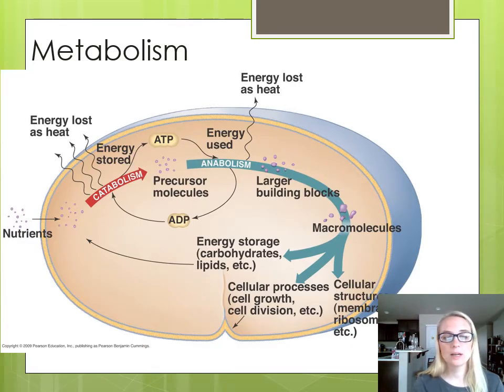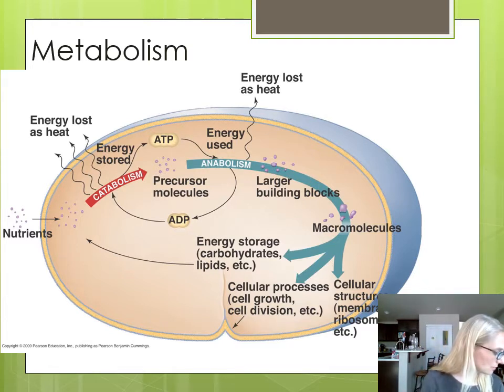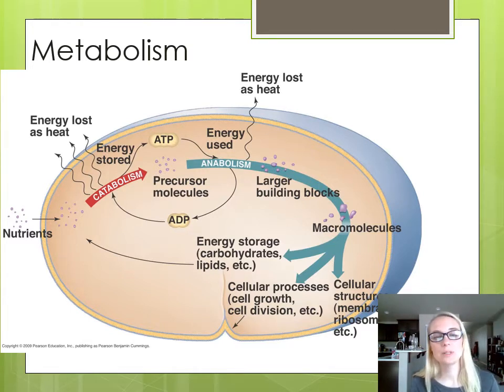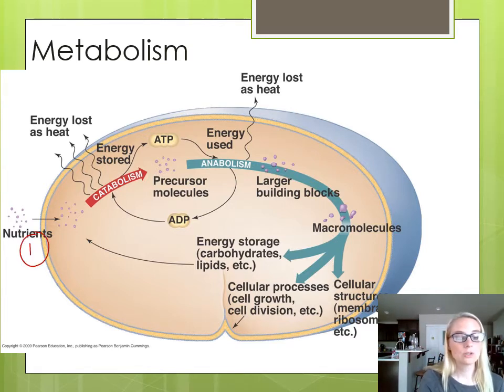So with this idea of metabolism, this is another overview slide. In the notes, there's a list of 8 elementary statements that are illustrated by this diagram. So I'm going to go through and number those on this diagram. The first one says every cell acquires nutrients. So that's this step 1.